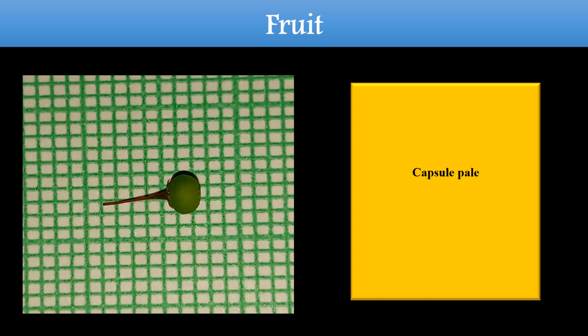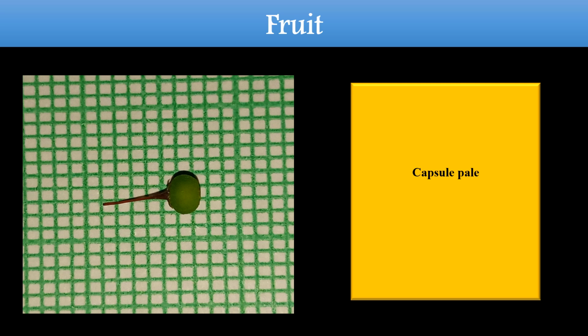As you can see the fruit part, mainly the fruit part has not been described in a very specific manner, so I can't tell much, but I can see it is a pale capsule, and the fruit has very distinctive characters. It has longitudinal lines on the back.